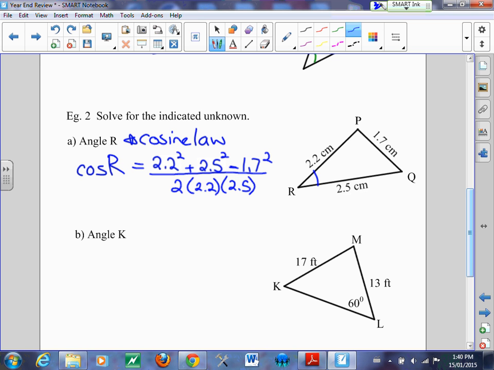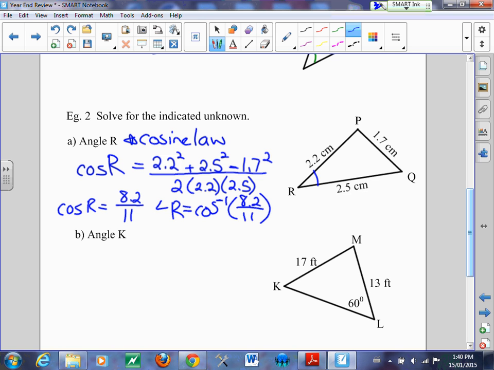Get your equation, ladies and gentlemen, and you're going to have cos R equals, the numerator works out to 8.2 divided by the denominator, which is 11. Remember, folks, when you're finding an angle, you got to do the cos inverse of this fraction. So 8.2 over 11.